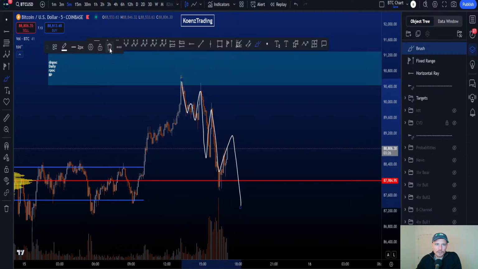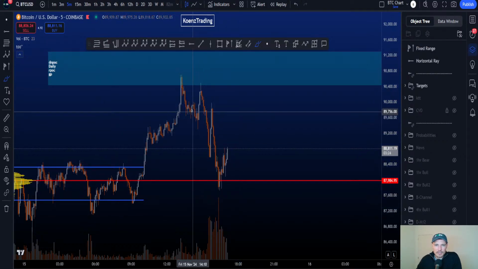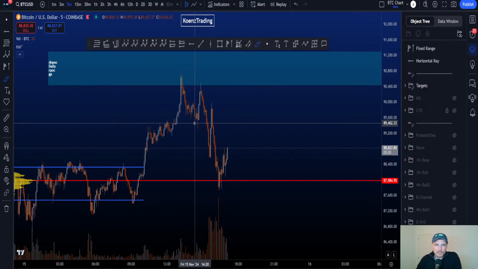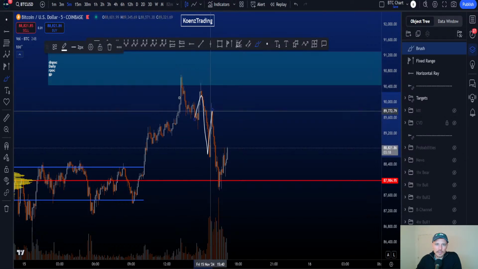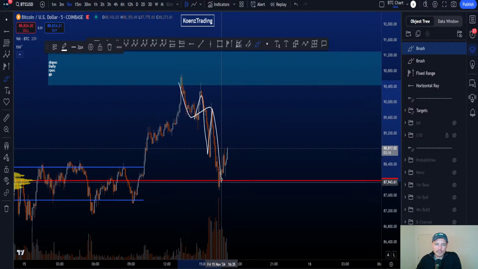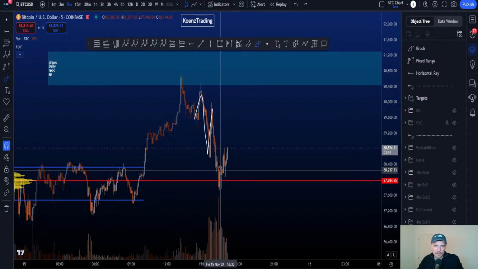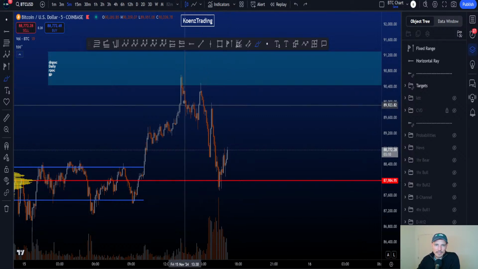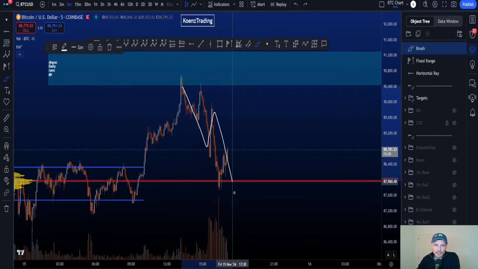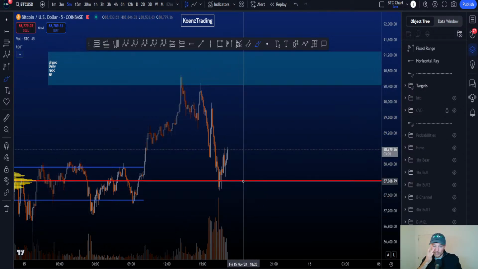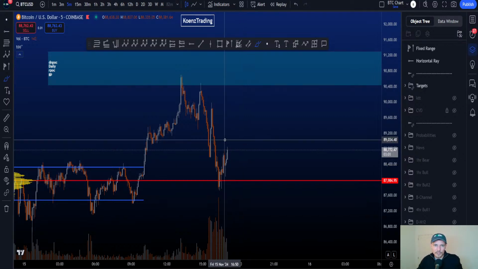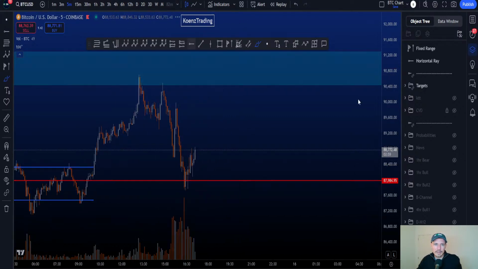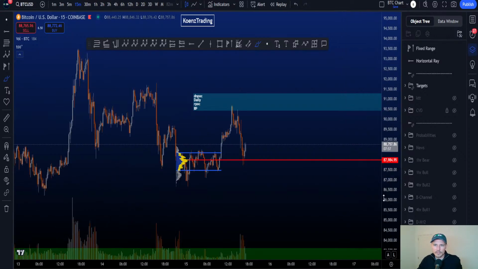Yeah, I mean, in that case, unless you want to count a running flat here, ABC, to then count ABC, which looks a little bit odd here. But yeah, there is indeed a lot of overlap. But then I would prefer a WXY double zigzag, no? Yeah, I don't really like to be active on 5-minute charts. There is indeed overlap here, but I like the 15 as the minimum time frame.